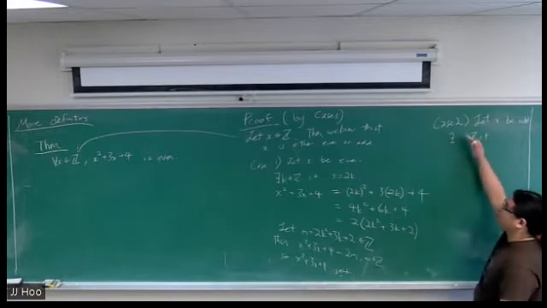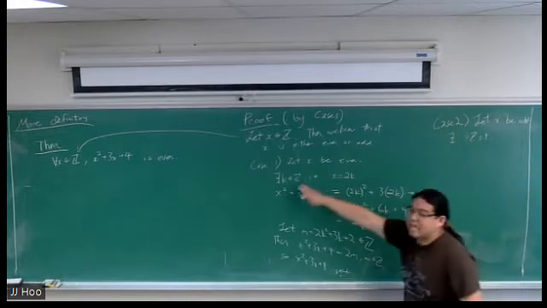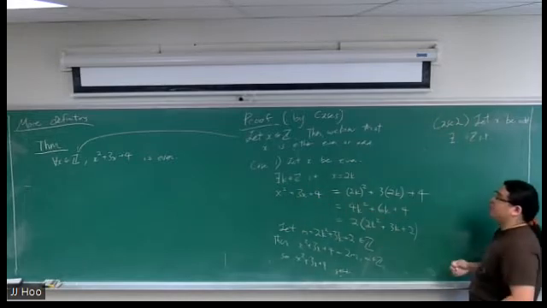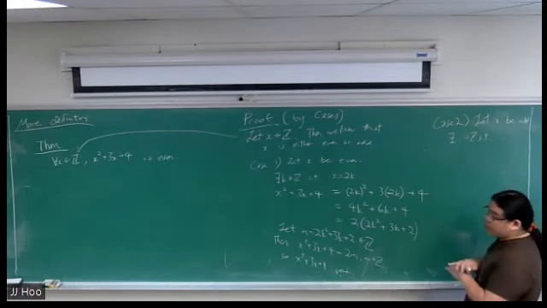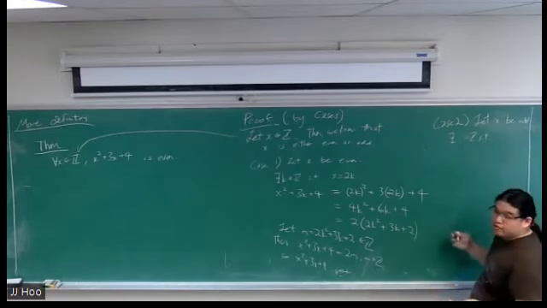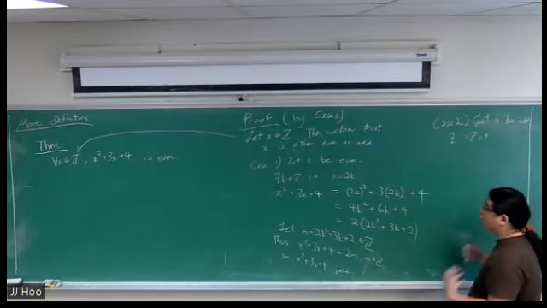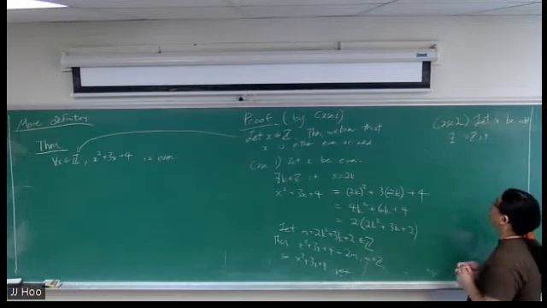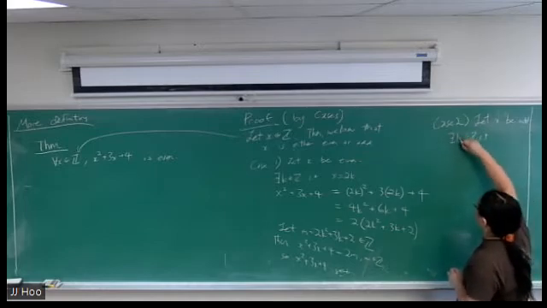Because I'm starting a new proof, it's not that it's the same k. But again, like I said before, if you want to be absolutely clear, if you want there to be no ambiguity, then you can just choose a different letter. So maybe instead of k, let's use h. It doesn't really matter.